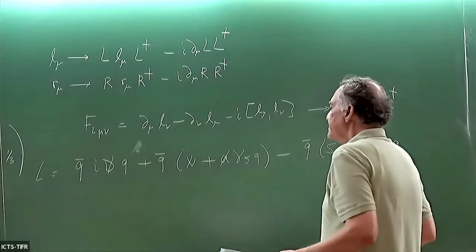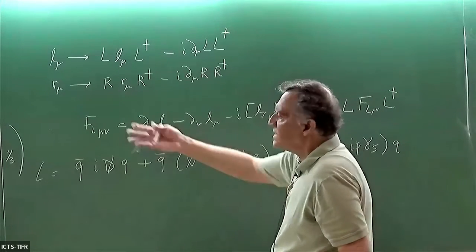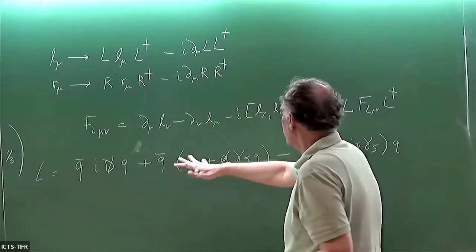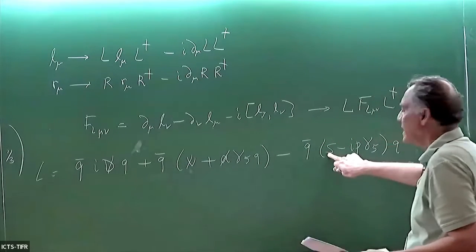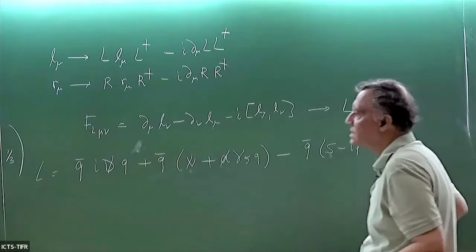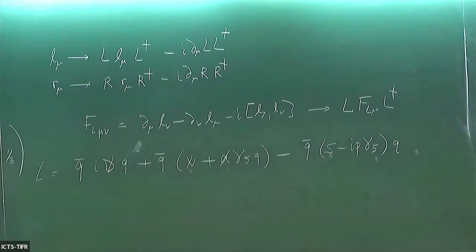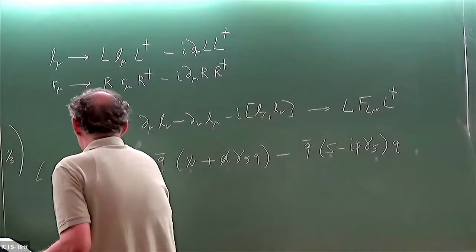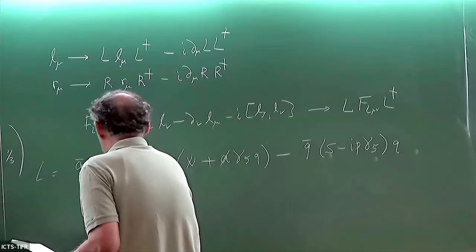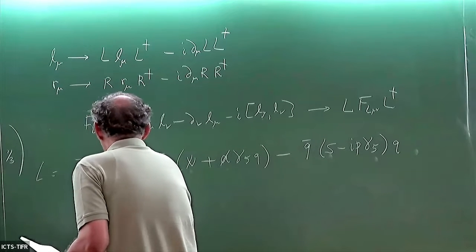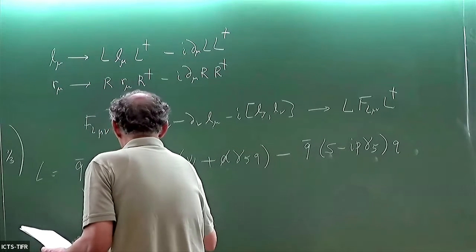So rather than use left and right-handed, the papers are written in terms of a vector source, an axial vector source, a scalar source and a pseudoscalar source. But you can just read off, plug in P left is 1 minus gamma 5 over 2, P right is 1 plus gamma 5 over 2. And you find that V mu is 1/2 (R mu plus L mu), A mu is 1/2 (R mu minus L mu).